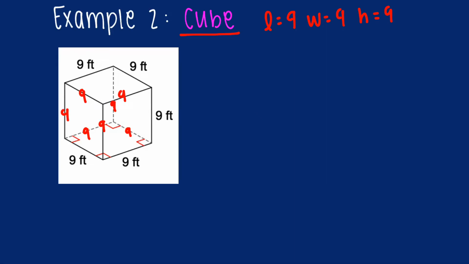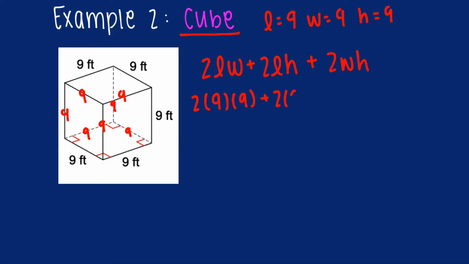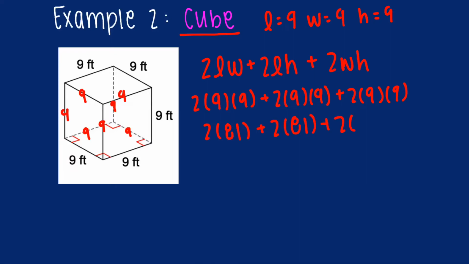So again, our formula 2LW plus 2LH plus 2WH. So everything is just going to be 9. 2 times 9 times 9 plus 2 times 9 times 9 plus 2 times 9 times 9. So these all simplify to 2 times 81 plus 2 times 81 plus 2 times 81.